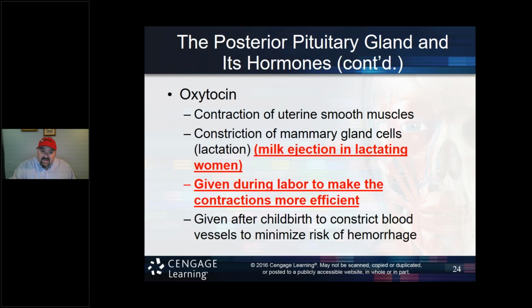So ADH. Oxytocin. Oxytocin has a role in contraction of mammary glands and allowing for the actual release of milk, working with prolactin, working with the lactating female in order to be able to breastfeed. So milk ejection in lactating women, as well as working with prolactin.